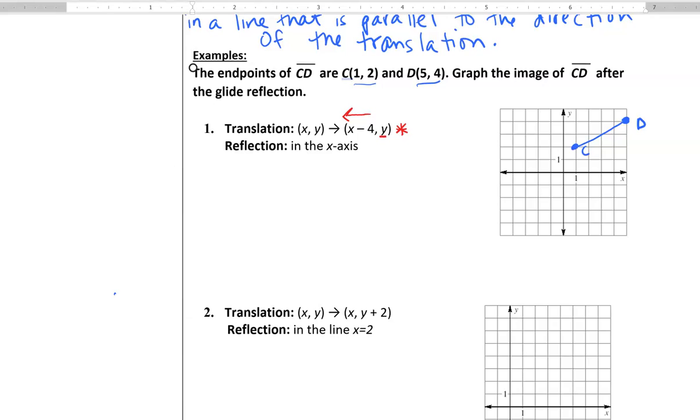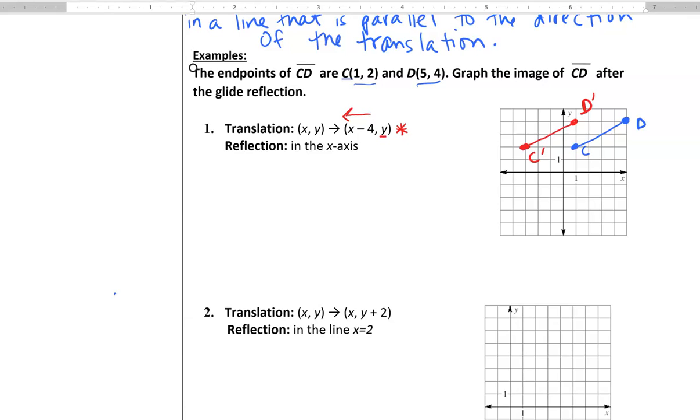So if I take C, I'm just going to count 4 to the left. 1, 2, 3, 4. Okay, so I'm going to call that C prime, and then same with D. 1, 2, 3, 4. And connect. Okay, so there is my translation. So this is the glide part of a glide reflection. It shifted or translated to the left.